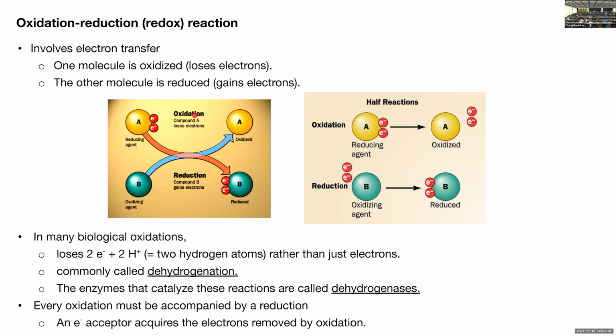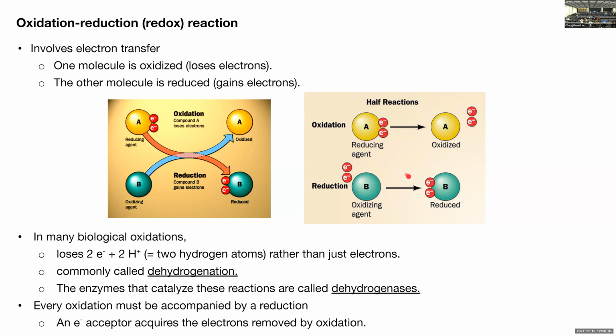And this oxidation and reduction process, or the reactions, are always combined, like I told you. And it is all about whether losing or gaining the electrons. In the oxidation reaction, this A molecule loses electrons and is oxidized, but it actually induces the gaining of the electrons for the B molecule, which is reduced, right?